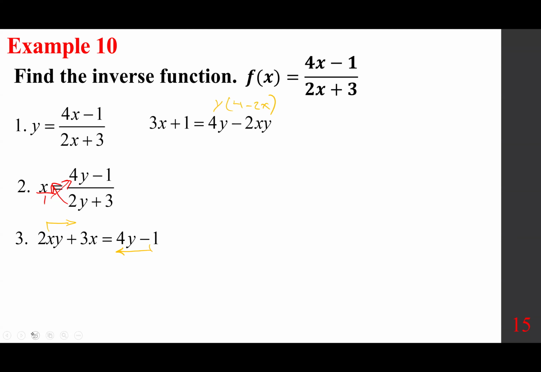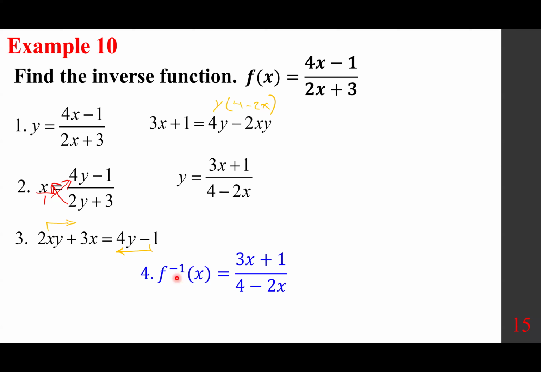Please understand, I can get the factor of 2 out also. In this case, we don't have to. We divide by 4 minus 2x, and that's it. The reason I didn't take the 2 out is because in the final result I don't have a common factor of 2, it makes no difference. So this is the inverse. So we change the name from y to f inverse of x equals 3x plus 1 over 4 minus 2x as the final answer.